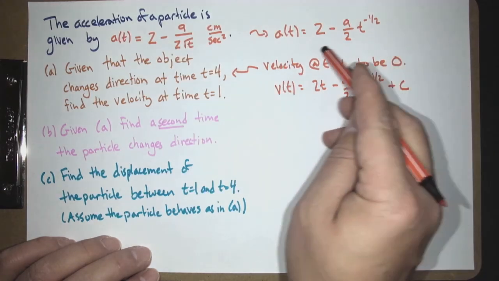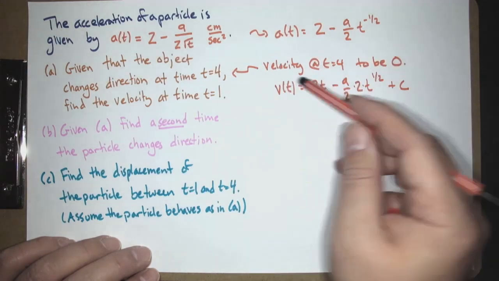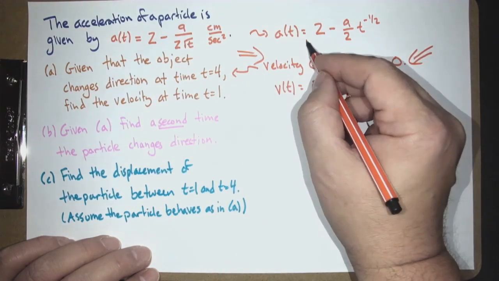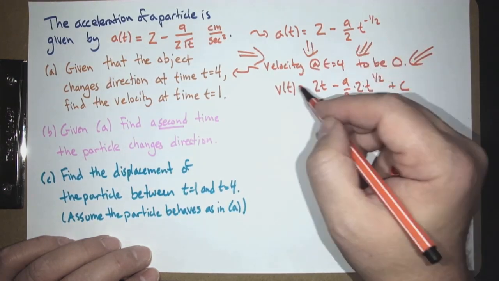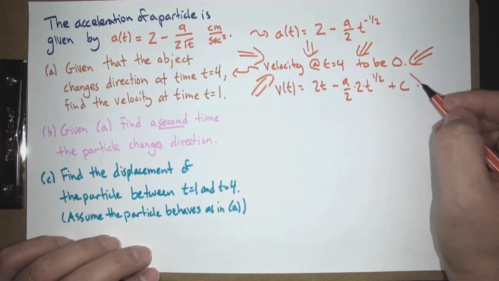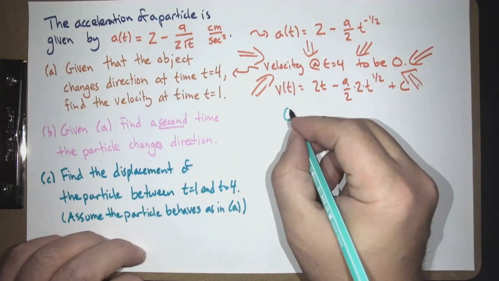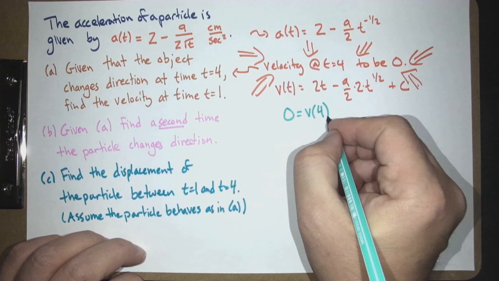Anything at all that might give us a clue about what c is? Oh yeah, we know something about what happens at time 4. We should use that. Okay, so 0 is the velocity at time 4.